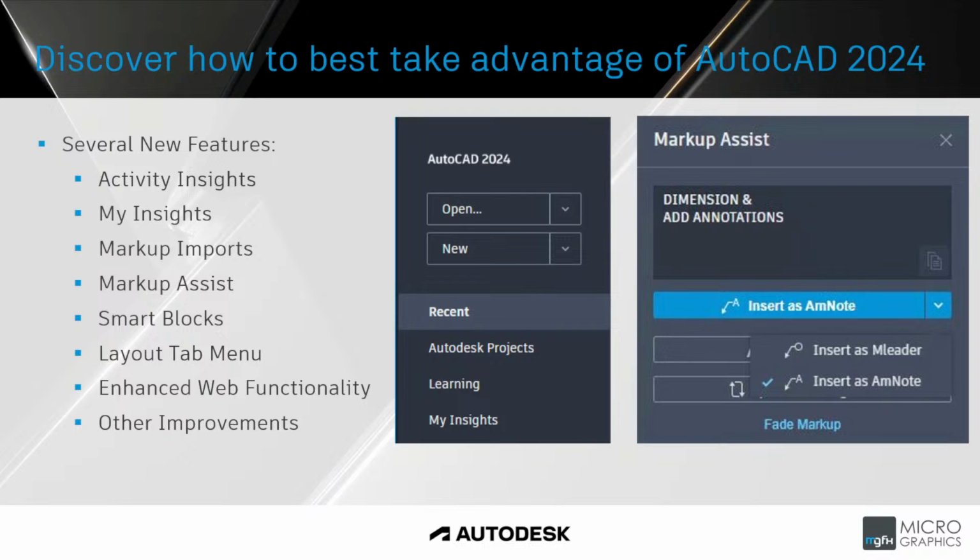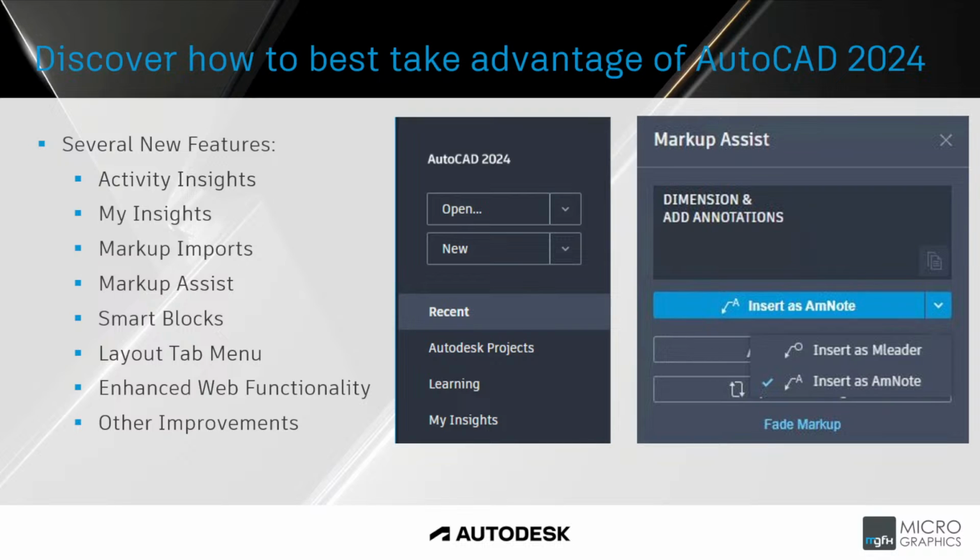AutoCAD remembers what you did previously and it will copy a similar action. The Layout tab menu allows users to switch between layouts, import layouts from templates, and publish options. Then there are a few enhanced web functionalities.